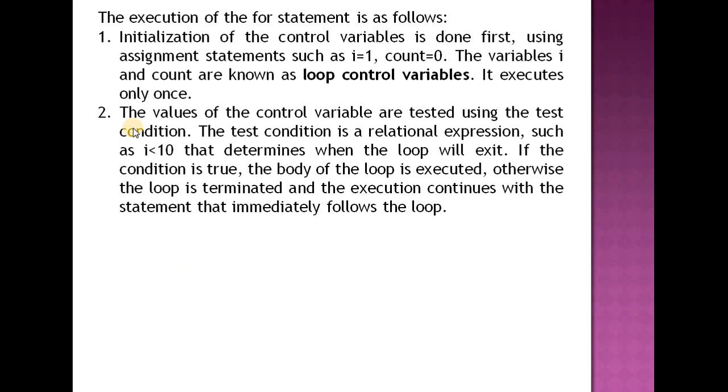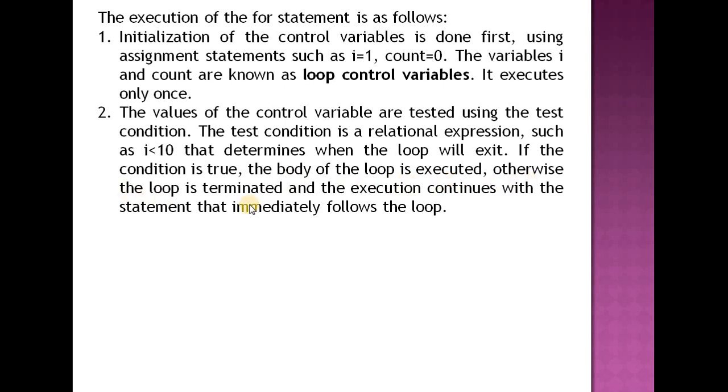Second is the test condition. The values of the control variables are tested using the test condition. The test condition is a relational expression such as i less than 10, that determines when the loop will exit. If the condition is true, the body of the loop is executed.